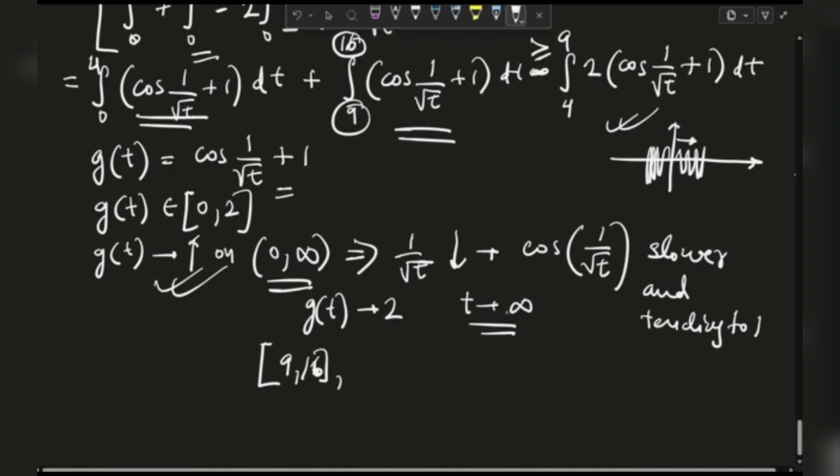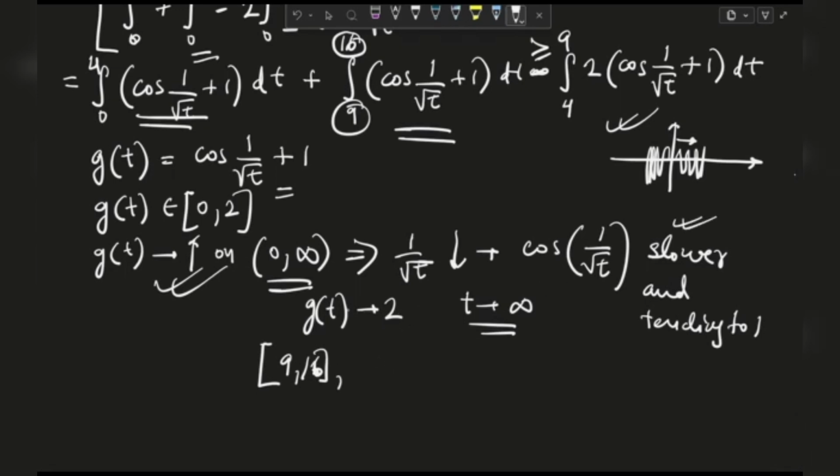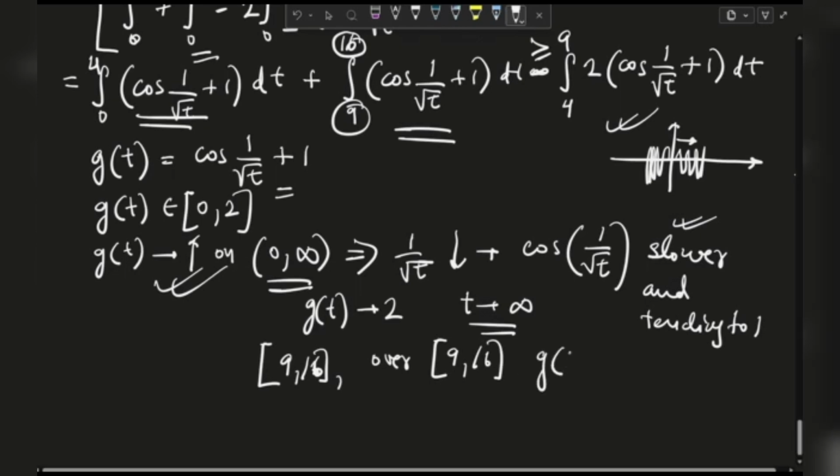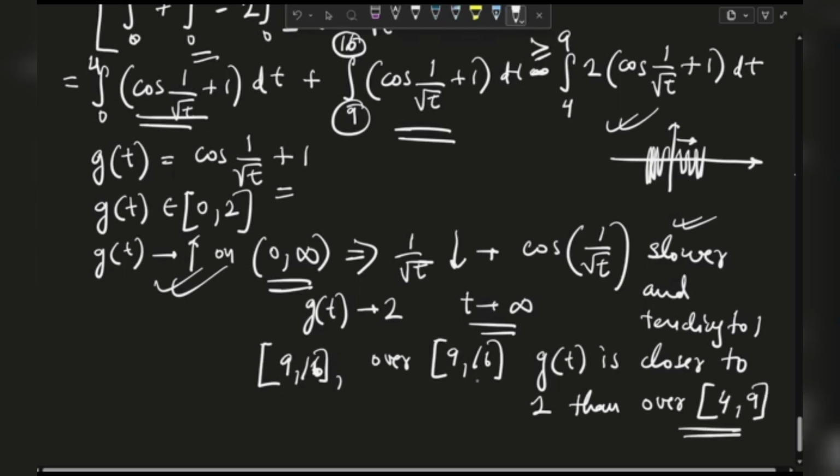As the oscillation gets slower and g of t is tending to 2 as t tends to infinity, what we can say is that over 9 to 16, g of t is actually closer to 2 than over 4 to 9. This was the basic funda I was trying to explain with all this. I hope this was clear and I could make you understand.